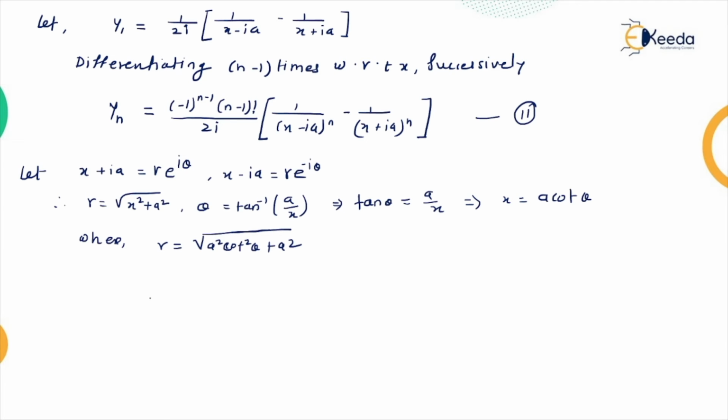I hope you understand this. Taking a square as common, in the bracket what remains is cot square theta plus 1, so this can be written as cosec square theta. Taking square root on both sides, we get a cosec theta. So r is equal to a cosec theta.